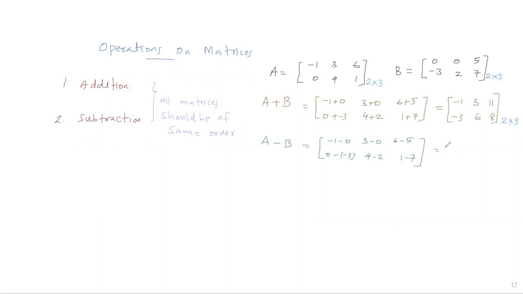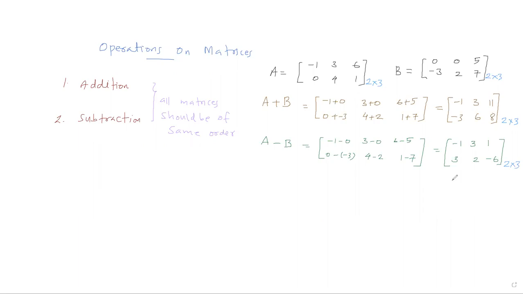Okay, so which is equal to -1 minus 0, that is -1, 3 minus 0, 3, 6 minus 5, 1, 0 minus -3, 0 plus 3, 3, 4 minus 2, 2, 1 minus 7, -6. That's all. And you can see that the order is again 2/3.